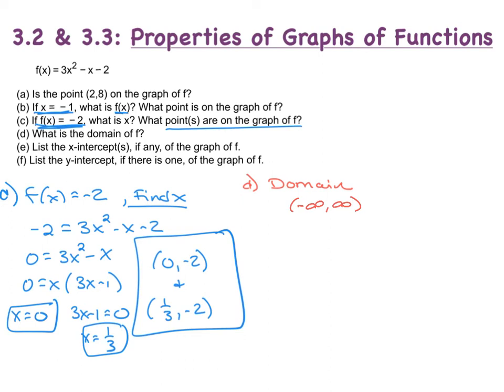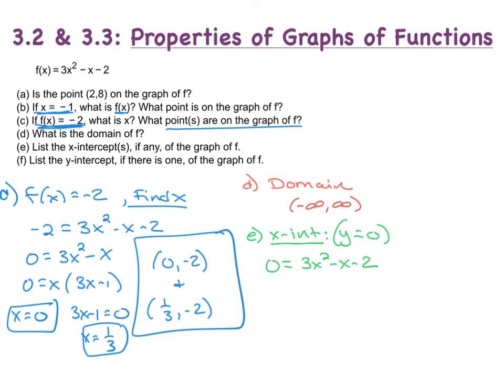I think I can put the x-intercepts on here and the y-intercept definitely. Let's do x-intercepts. Now remember, when you're finding an x-intercept, that's setting y equal to 0, and y is the same thing as f of x. So this would be 0 equals 3x squared minus x minus 2.